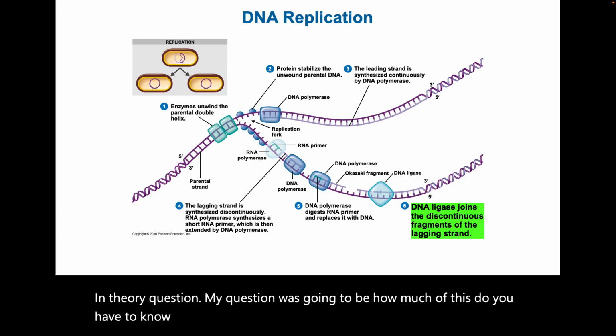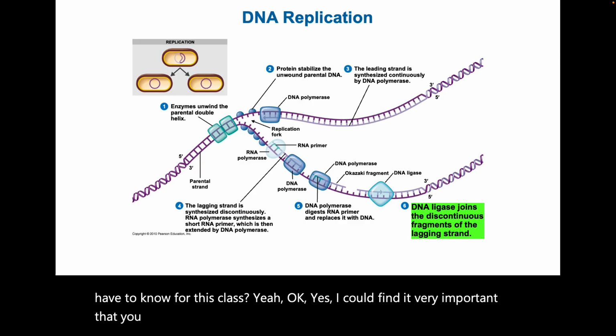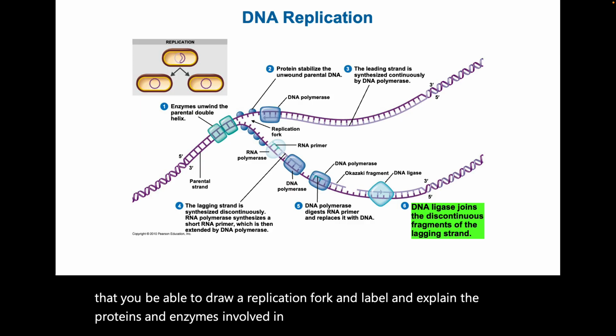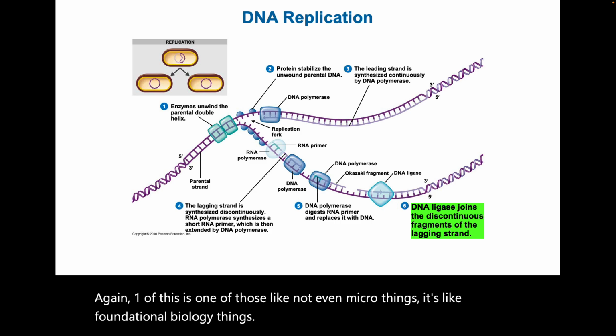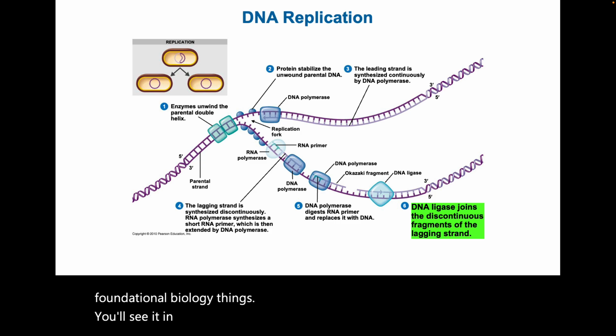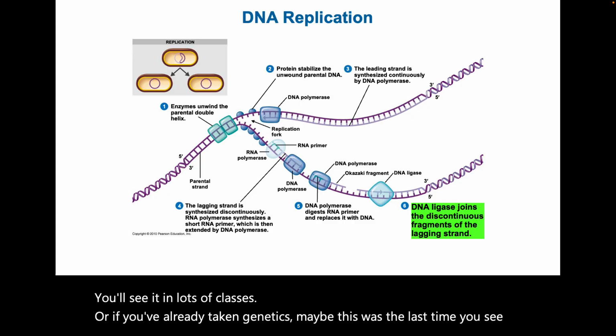Yes, I could find it very important that you be able to draw a replication fork and label and explain the proteins and enzymes involved in the process. Again, this is not even a micro thing, it's a foundational biology thing. You'll see it in lots of classes. Or if you've already taken genetics, maybe this was the last time you see it, but you see it.